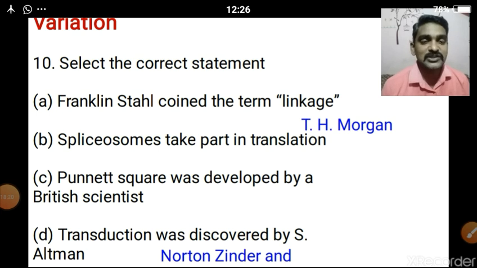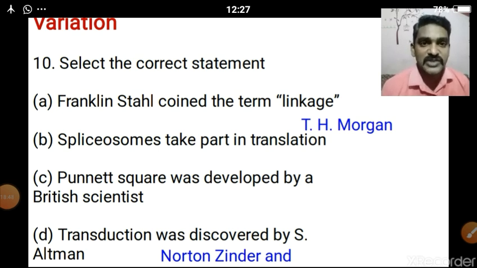Exons are the sequences which are expressed, introns are the parts which are not expressed. Introns are removed from the RNA, and only after that does it come out of the nucleus into the cytoplasm. So spliceosomes take part in post-transcriptional modification, not in translation. So that is also a wrong statement.